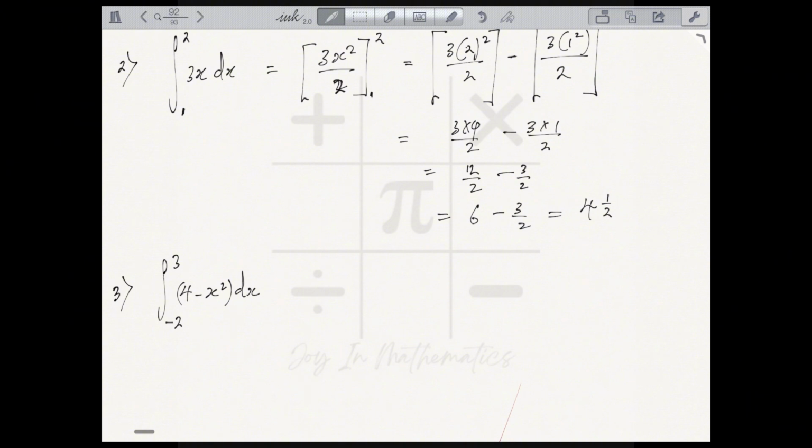We'll first integrate 4 minus x squared with respect to x. So integrating 4 minus x squared with respect to x, that means we are integrating each term. So integrating 4, we'll have 4x, and integrating x squared, we have x cubed over 3. Then we put our upper limit and lower limit. That is minus 2 and 3.